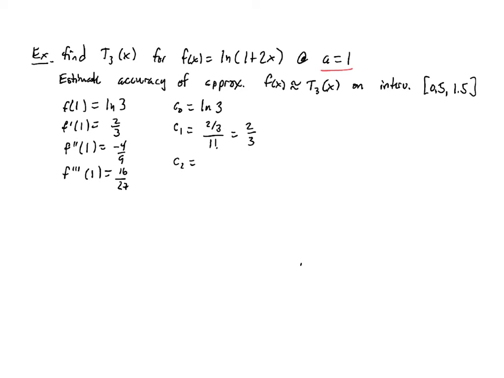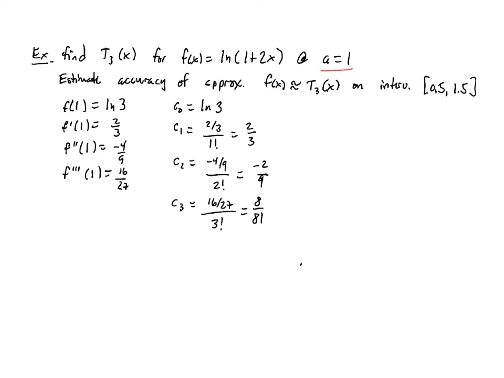For C2, I take that derivative value and divide by 2 factorial, so that's going to give me negative 2/9. And for the third coefficient, I take that derivative value and divide by 3 factorial, and when I simplify that, I get 8/81.